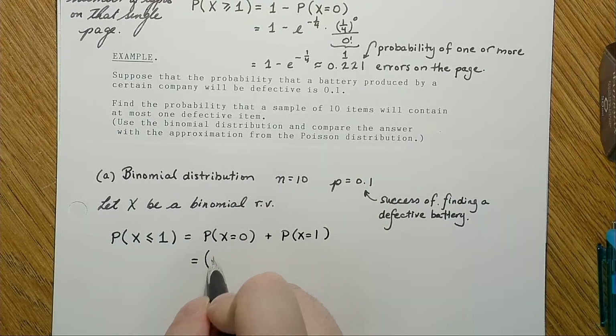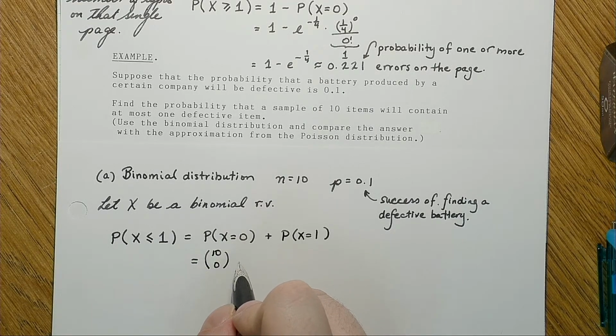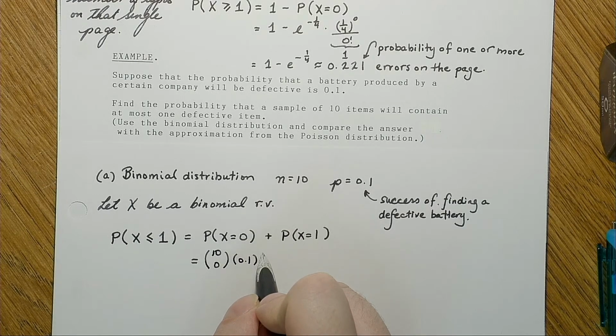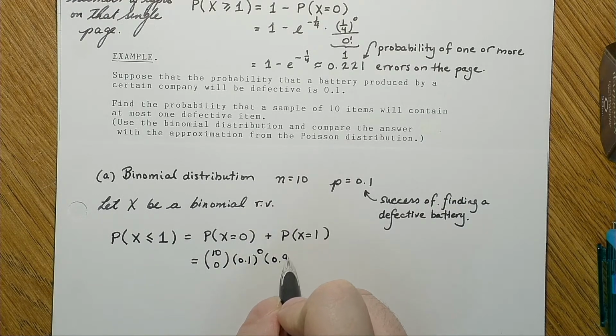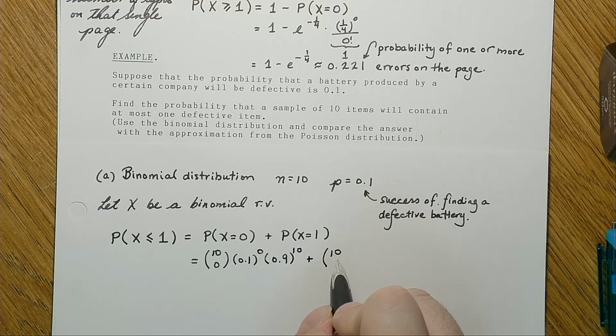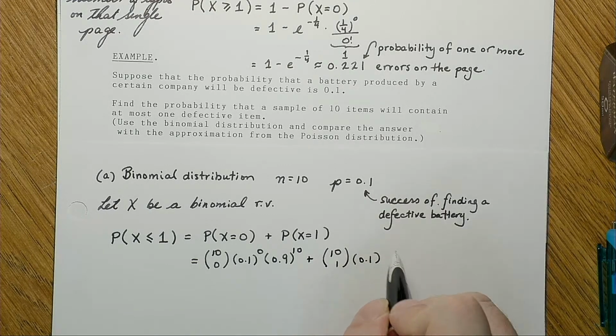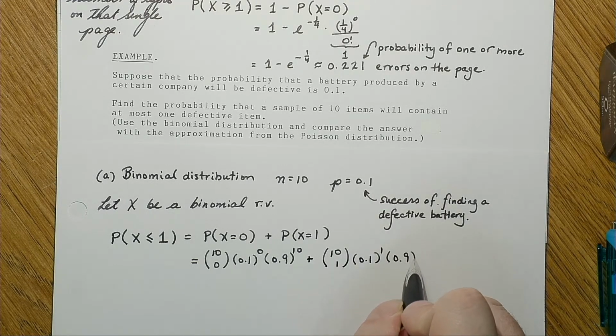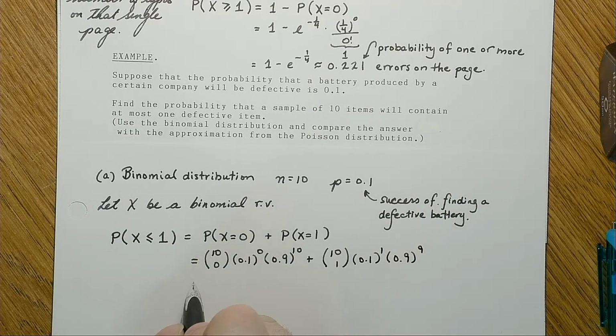So there are 10 trials, and we want 0 of those being a success, so the probability of success to the 0 times the probability of the complement, and that's going to happen 10 times. Does somebody want to punch that in to see what the answer is? What answer do you get?